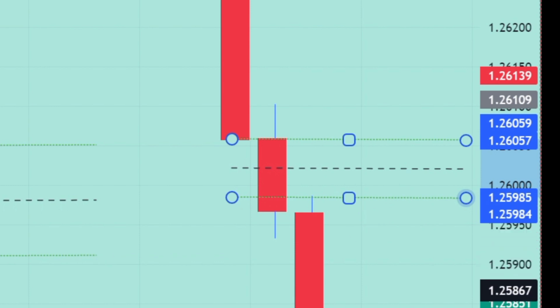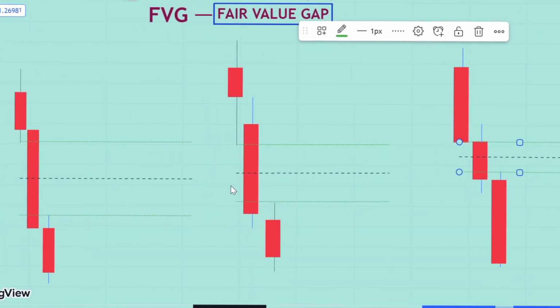Below over here are our fair value gaps. We know how vital and important fair value gaps are. These are where price usually reacts. Price picks it as a strong resistance area, a strong supply zone or a support zone.